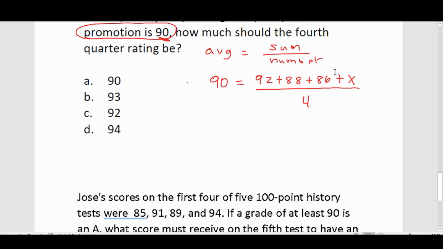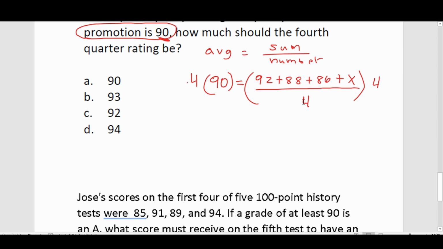And now our goal for this problem is to solve for x. Again, we want to find what this fourth rating, this x, has to be to make the average 90. So to do that, the first thing I'm going to do is multiply this big fraction by 4. And what I do to one side, I have to do to the other.